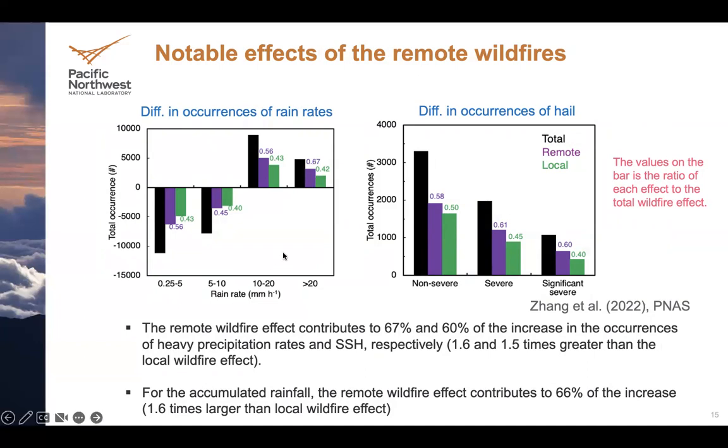For the accumulated rainfall, the remote wildfire also contributes about 66% of the total increase. So this suggests that the remote wildfire effect is more important than the local wildfire impact.